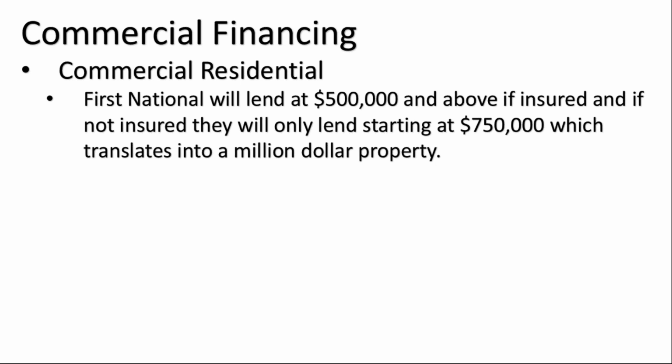In other words, if it is a commercial residential property, they will go to $500,000. If it is a mixed use, then again, it depends on the percentage of mixed use. If it's above 20%, then they will not be able to do CMHC, and they won't be able to touch it either.